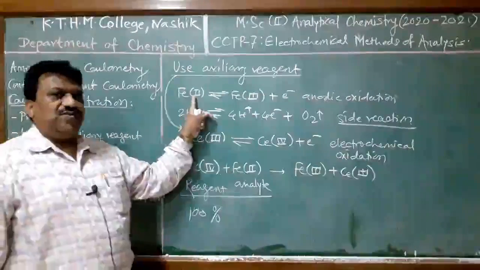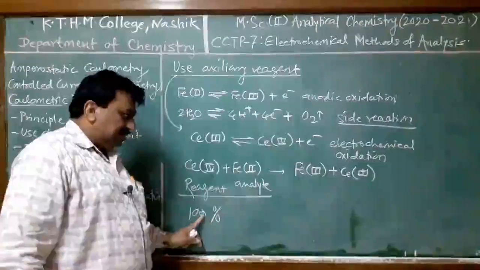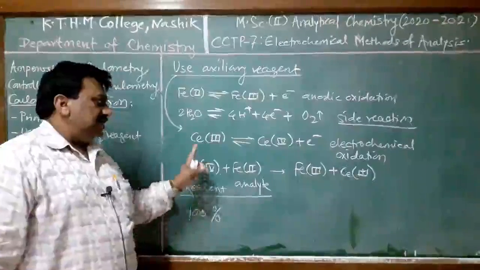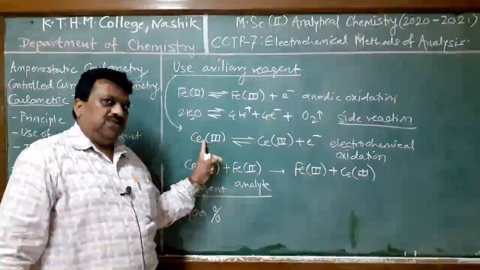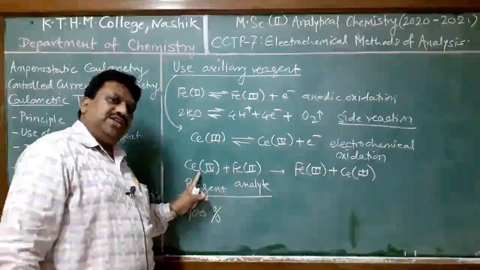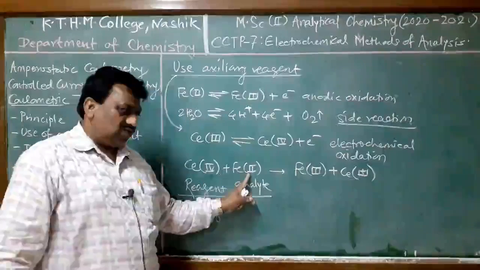Therefore, titration of iron(II) as an analyte with 100% current efficiency is carried out by adding excess cerium 3 plus ions, which are electrolytically oxidized initially to cerium 4 plus, which easily reacts with the analyte.